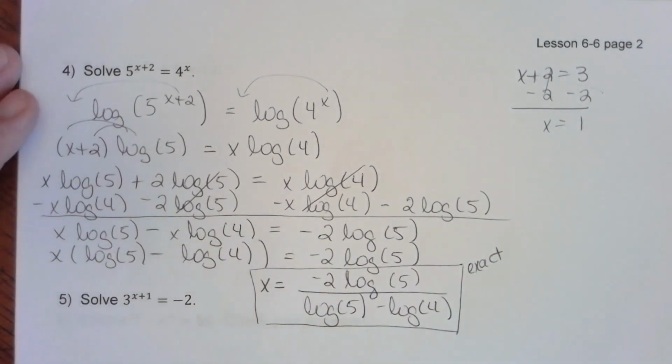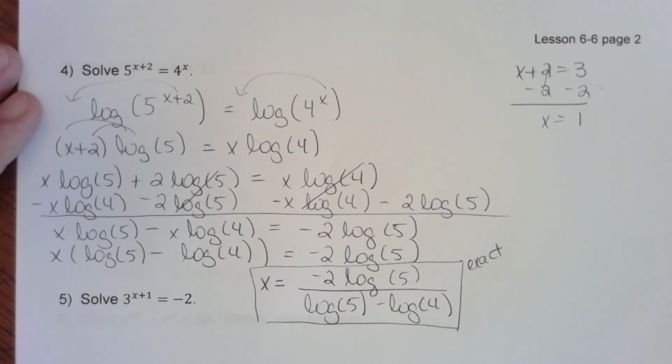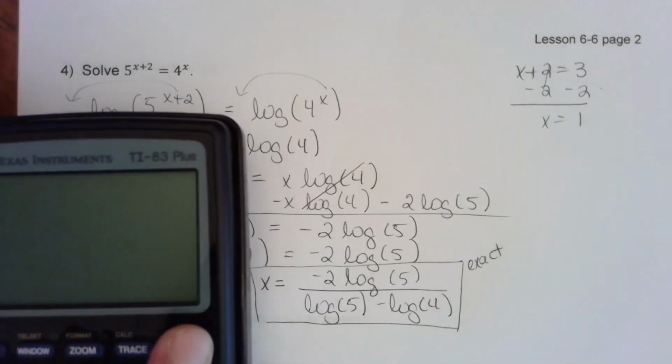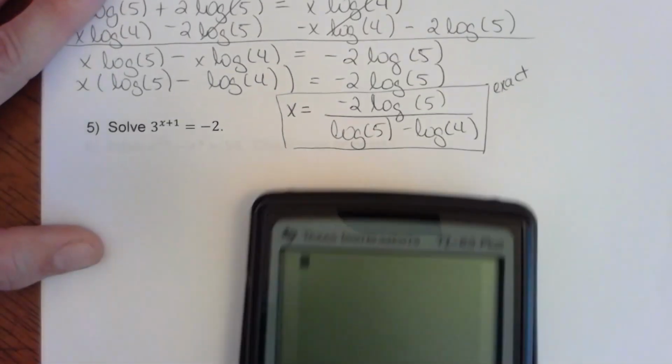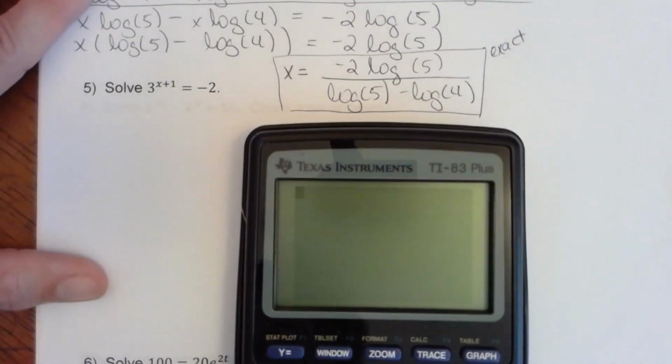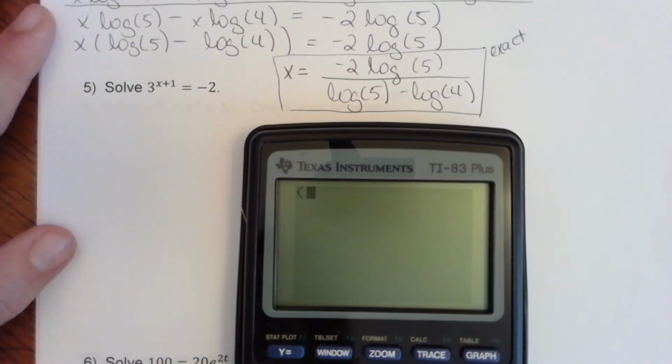Now sometimes they'll ask you to round your answer to the nearest tenth or hundredth or to 4 decimal places or something like that. If they ask you to round your answer, see if I can get all this on my screen. There we go. Put the numerator in, negative 2 log of 5, divided by the whole denominator, log of 5 minus log of 4.